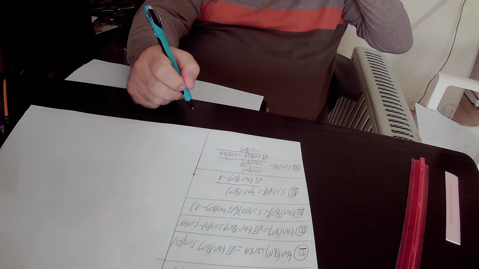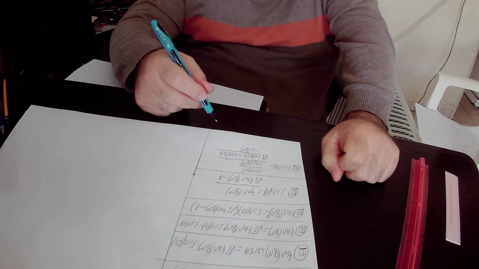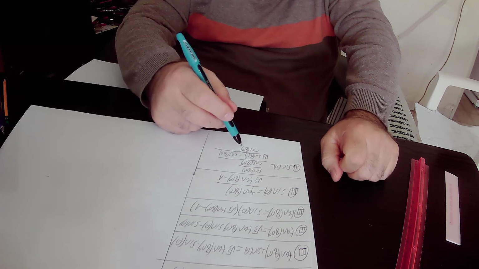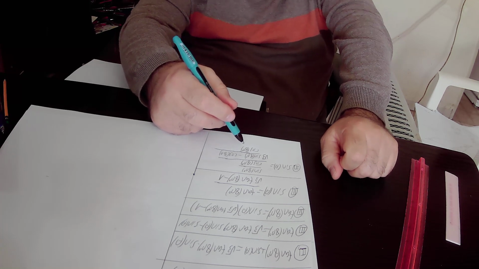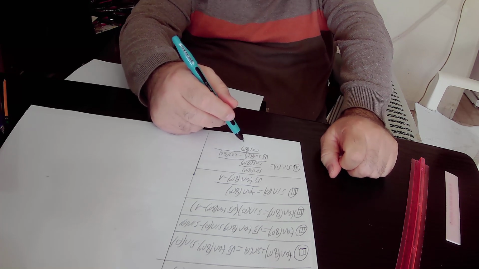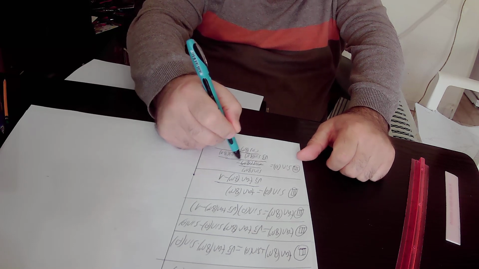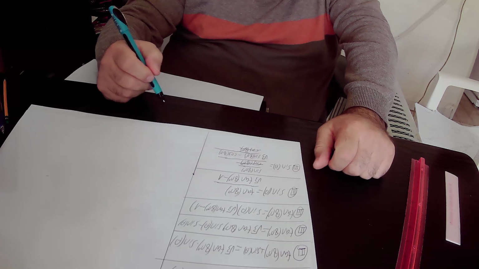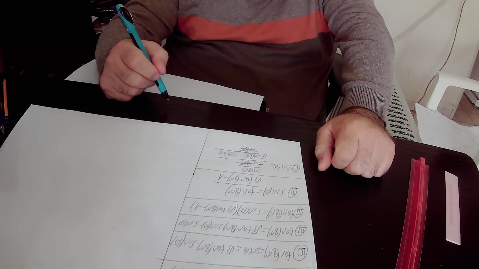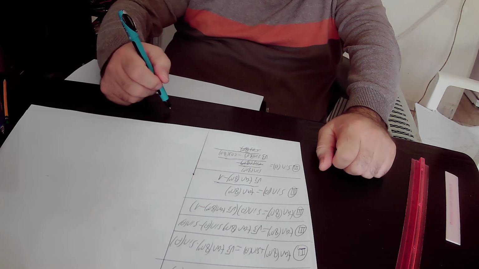So here we have cosine 80 degrees in the numerator, and we have cosine 80 degrees in the denominator, so cosine 80 degrees will get cancelled. And what is left from equation number 3 after we cancelled cosine 80 degrees?